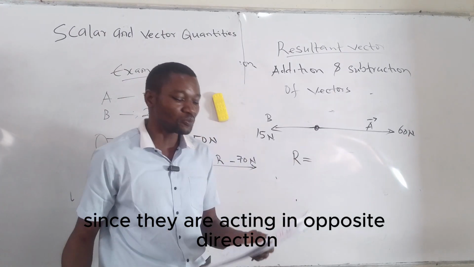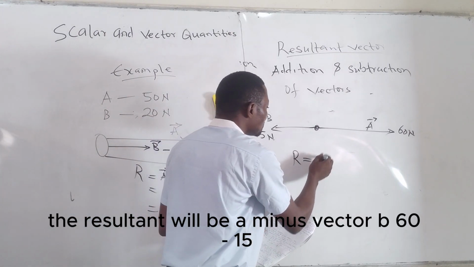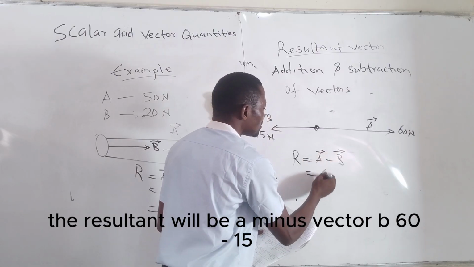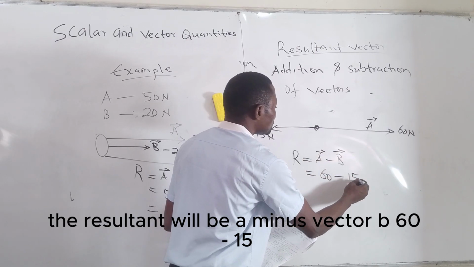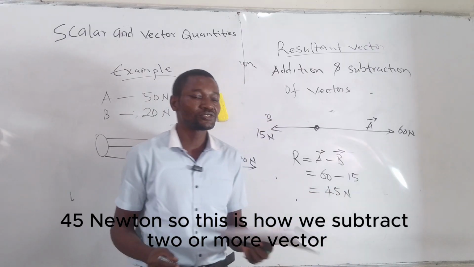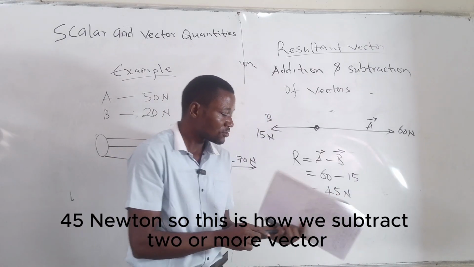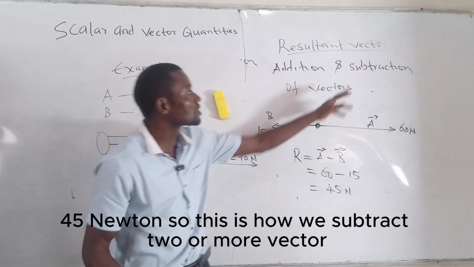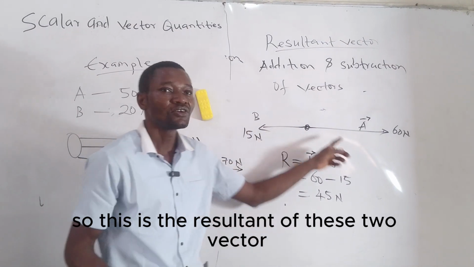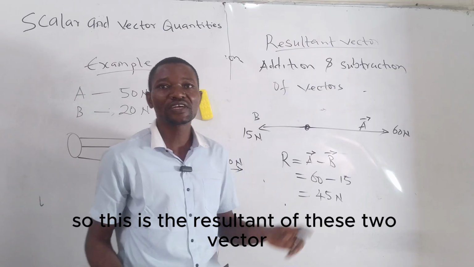Since they are acting in opposite direction, the resultant will be vector A minus vector B. 60 minus 15, 45 Newton. So this is how we subtract two or more vectors. This is the resultant of these two vectors.